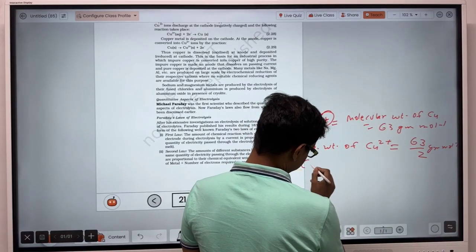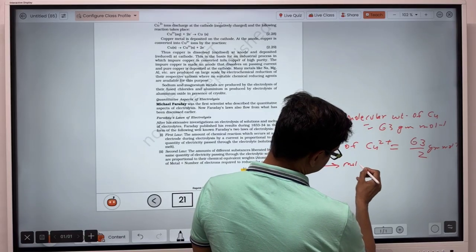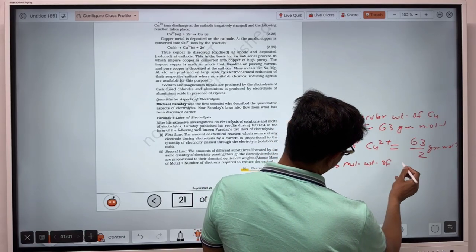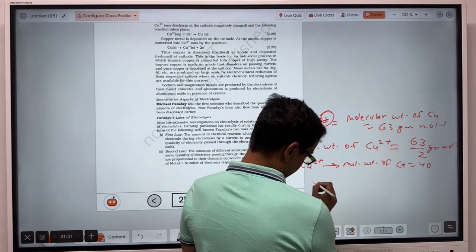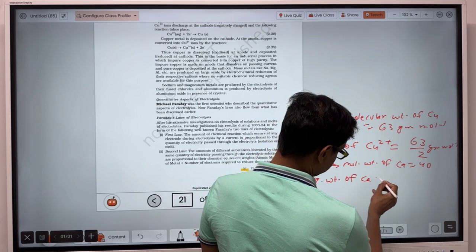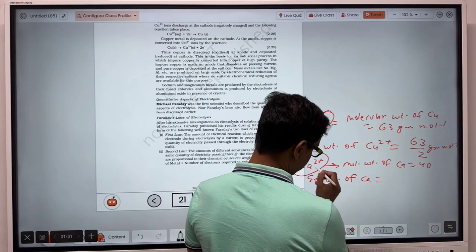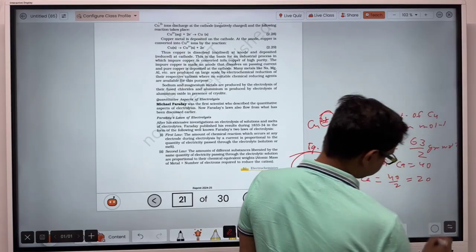Same here, calcium ion Ca2+. The molecular weight of calcium, you already know, is 40. So what will the equivalent weight of calcium be? The charge is 2, so that is 40 upon 2, that is 20.